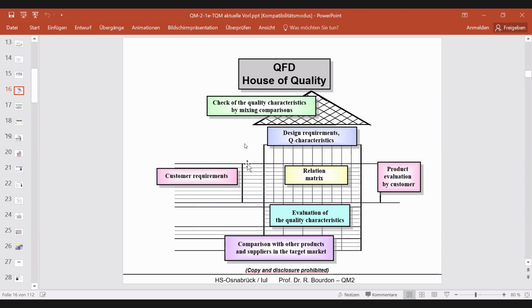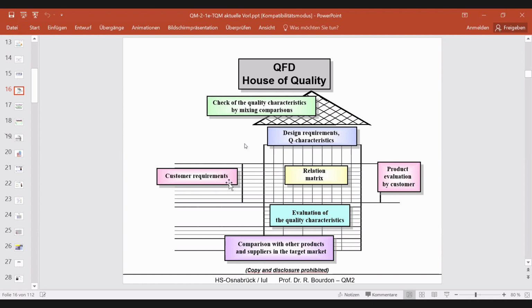Then in the planning process of the new product, they have design requirements and quality characteristics, and they fill out a relation matrix between the most important quality characteristics of the new product and the customer requirements. Then they can do an evaluation and a comparison with similar products on the market.